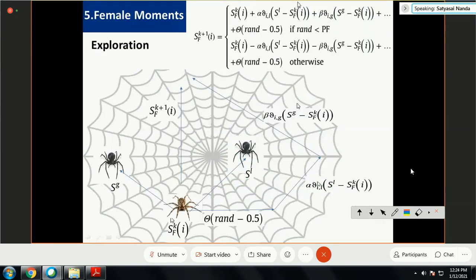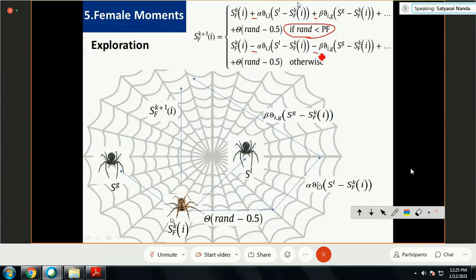For the exploration, the female spider movement is defined by this particular equation. If you observe, if rand is less than pf, where pf is the female socialization behavior, that is, if the random number generated is less than pf, then the factors alpha and beta are positive; otherwise both of them are negative.